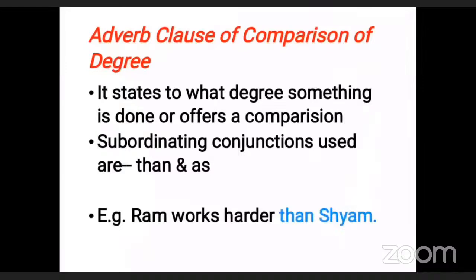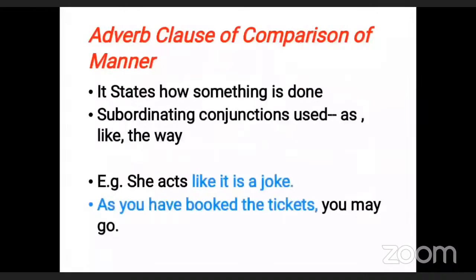Let's see the other type, the adverb clause of comparison of manner. At first we saw degree, now it's manner. This adverb clause of comparison of manner states how something is done, in which way something is done, the manner of that thing. The subordinating conjunctions used are "as", "like", "the way".